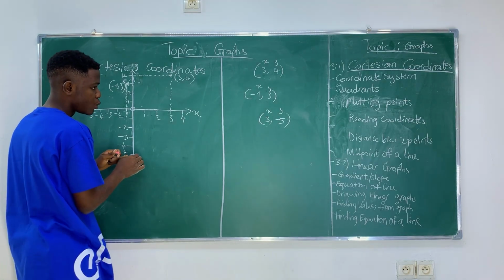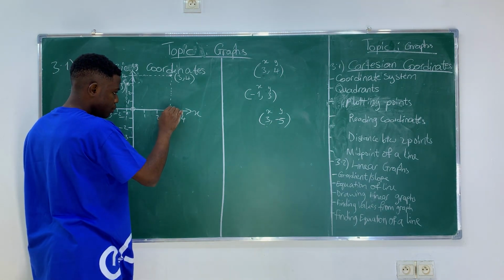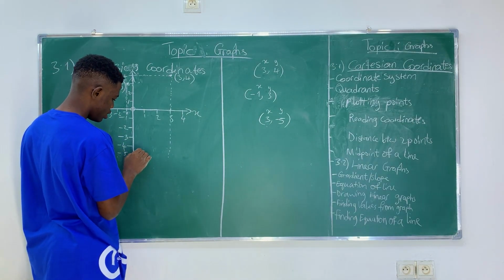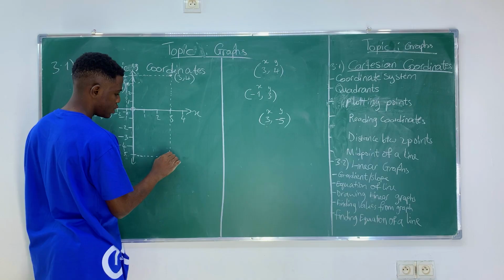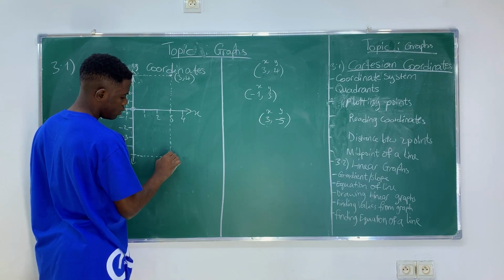So how do I put the point (3, -5)? I draw from 3 down until I reach -5 here. I also draw dotted lines from -5 until I reach the same point, like that.